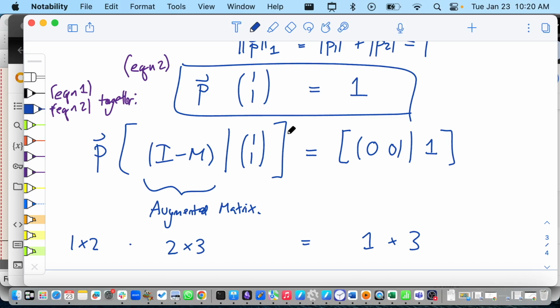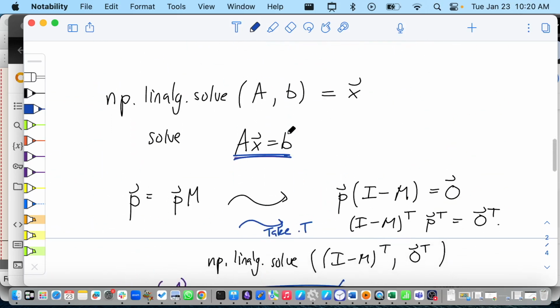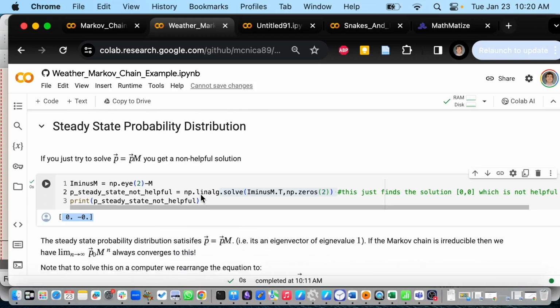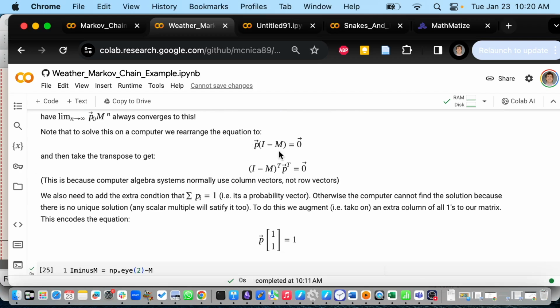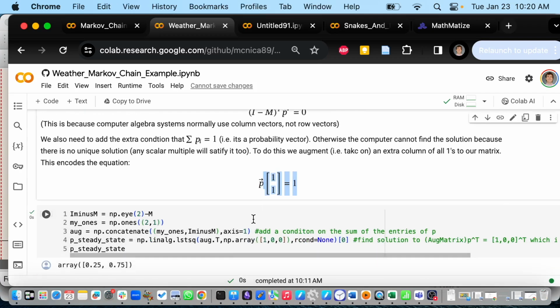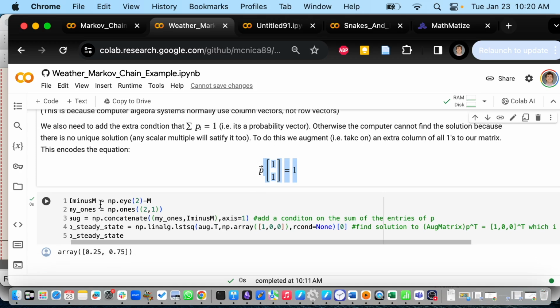Okay, so let's enter it into the computer. And earlier I said you can do np.linalg.solve. It turns out np.linalg.solve only works for square matrices. So you need to do something slightly different. There's another command, and that other command is this command. Okay, so this is kind of like a write-up of what I did. I said before we're adding this equation to it, and here are the equations.